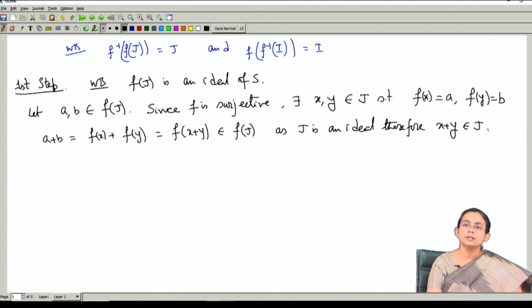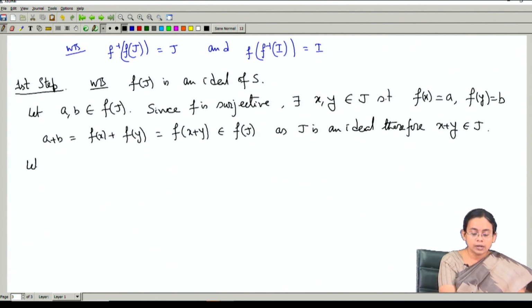Next, we will prove that it is closed with respect to multiplication by a ring element.